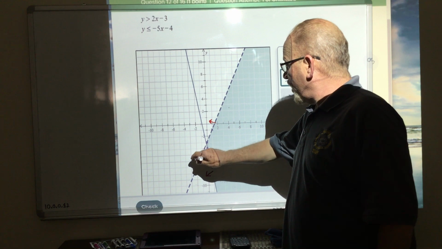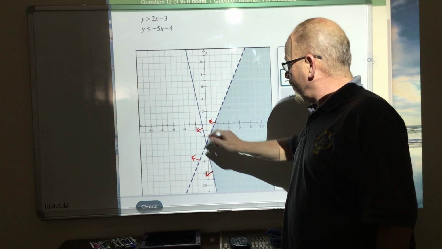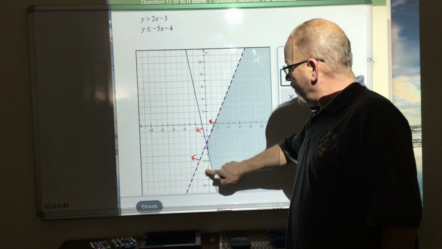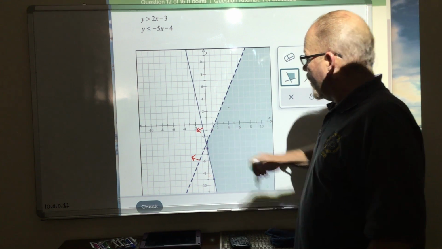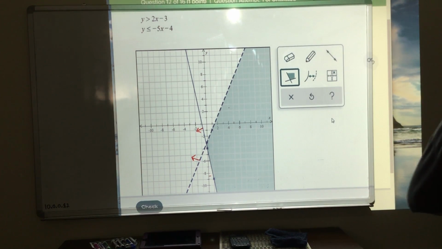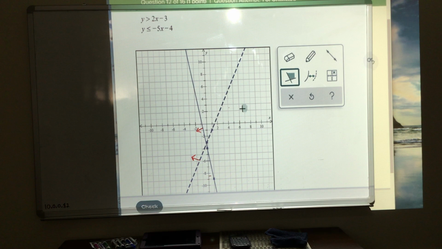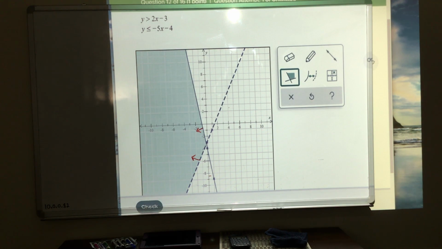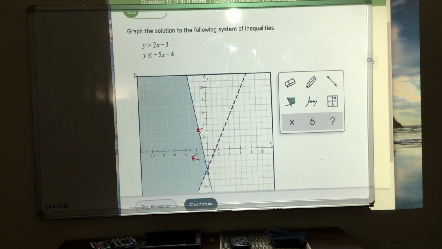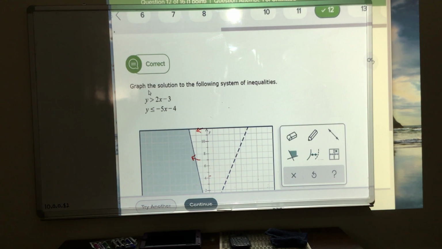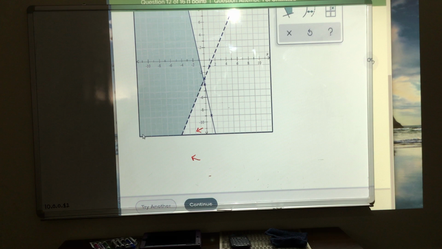So this side of this one and this side of this one, that's where I'm supposed to shade it. Okay, so you play around with it a little bit. You'll figure it out. But I like to check it and get it right before I do it. I'm going to try another.